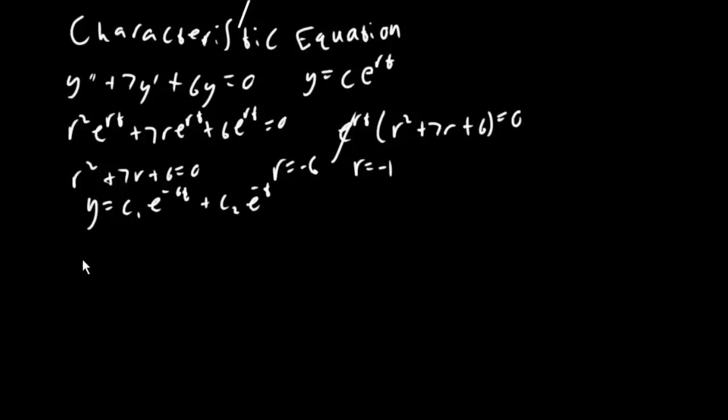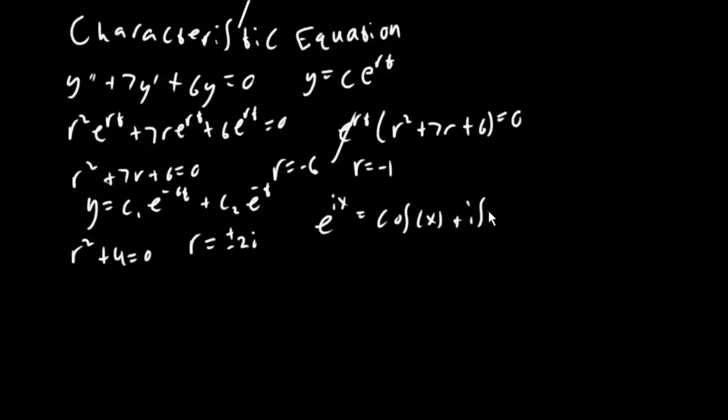So the main reason for this is, say we get r squared plus 4 equals 0. Well, then we'll get r is equal to plus or minus 2i. You might be thinking, oh, what's e to the i? Well, Euler's identity states e to the ix is equal to cosine x plus i sine x.